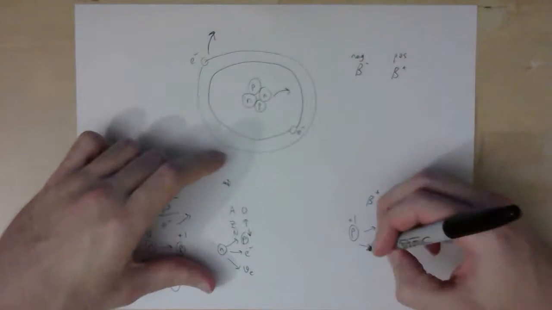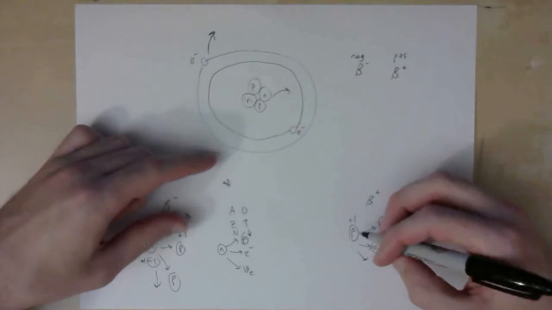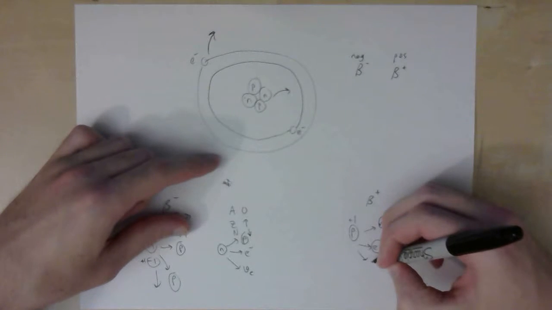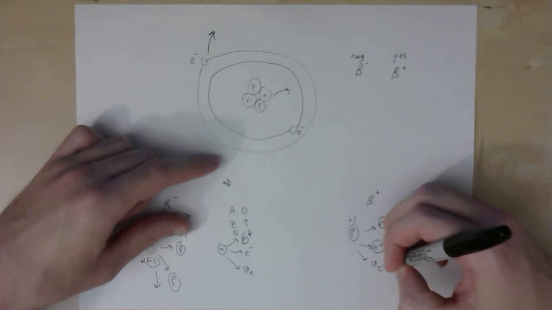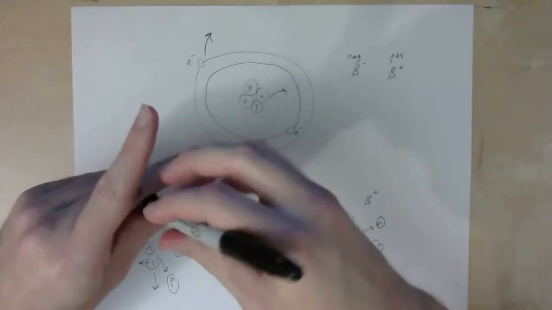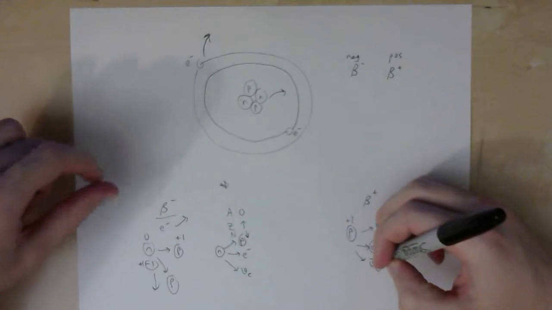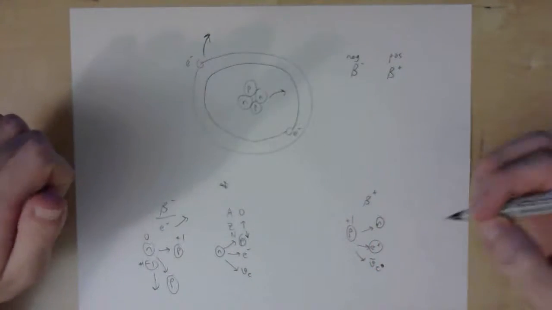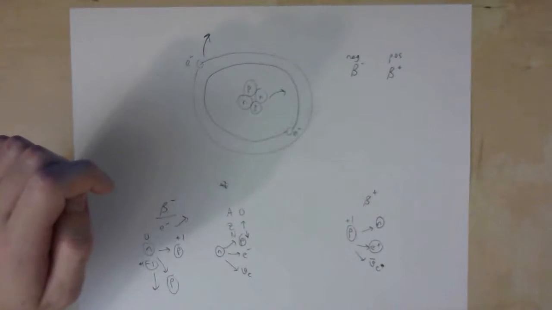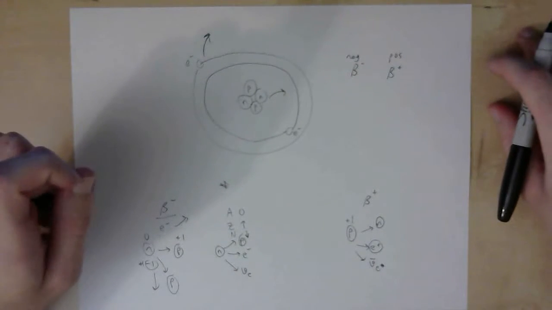And then you get the anti-electron neutrino, and all I need for that is a little bar over the top of it. So there you go. That's the beta plus decay.